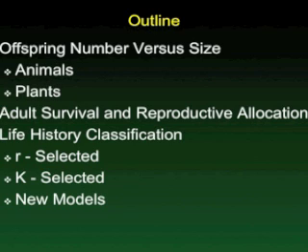And then in the third section, I'll talk about some basic classification of life histories. Animals can be classified as R-selected or K-selected, and then we'll talk about a new model that's been developed in order to classify organisms based on their approach to reproduction.